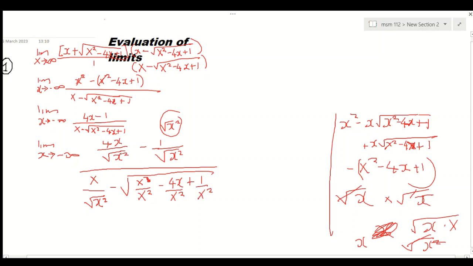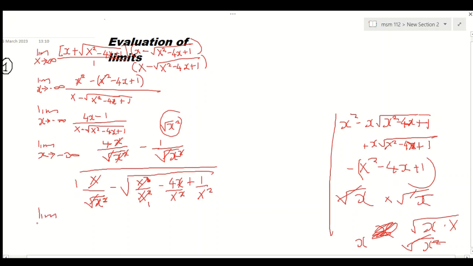So you've seen this power will cancel with this, and this x will cancel with this. Then this power will cancel with this, x will cancel with this one. Here there will remain 1, here it's 4, then here it's 1, and here it will remain like this.